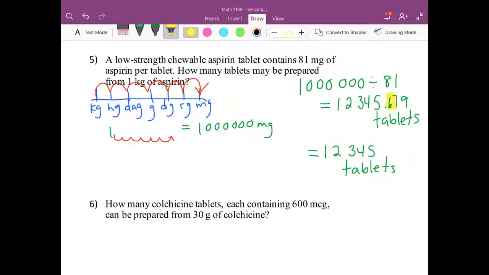You need to think about it logically to know whether you round up or down. For the most part, you need to round down in your industry, because rounding up could cause an overdose, or you're not going to have enough medication to make that next one. So be careful here with your rounding rules. But because I can't make a whole other tablet, I need to round down in this case. So 12,345 tablets can be made from 1 kilogram of aspirin.